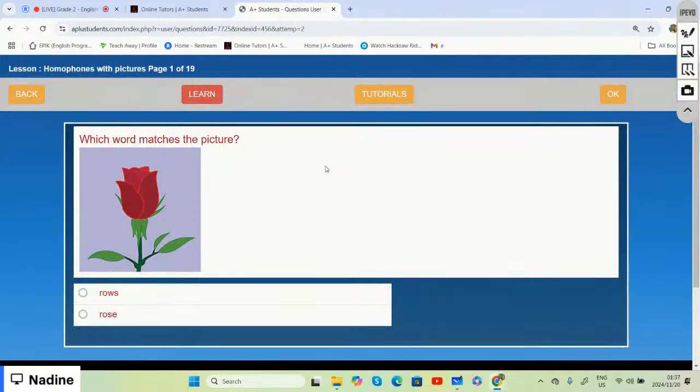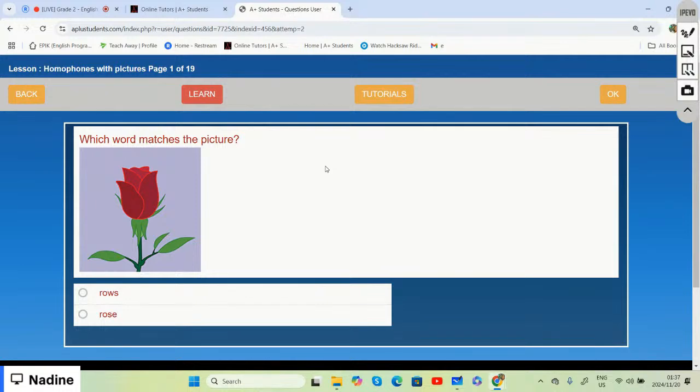Is it option 1, rose? Or is it option 2, rose? That is to do with the flower. So option 1, rose, or option 2, rose. Which one is correct?